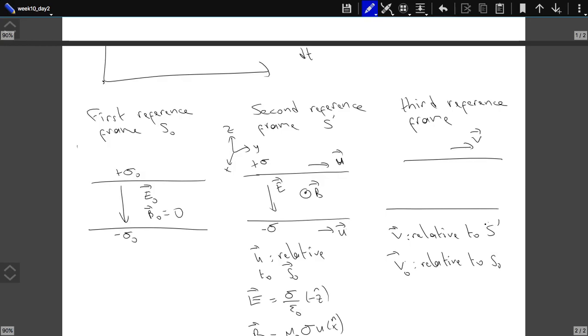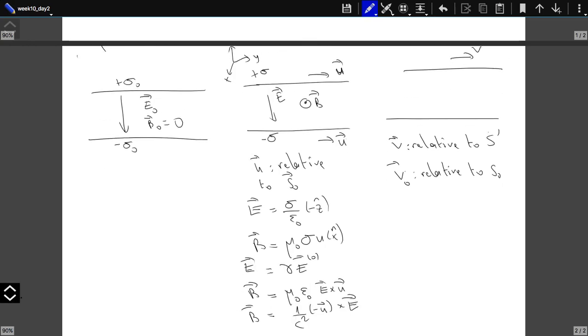So once I have a third reference frame, I can talk about its velocity relative to one of the reference frames or the other one. And I will call the velocity of this third reference frame relative to S prime as V and relative to S0 as V0. Now my purpose, if you like, we can write down the electric field in that reference frame also.